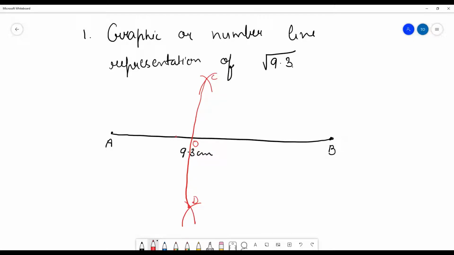So this curve will fall beyond B. Because it is half, we are marking B here.